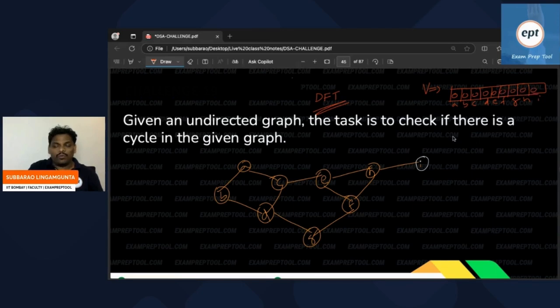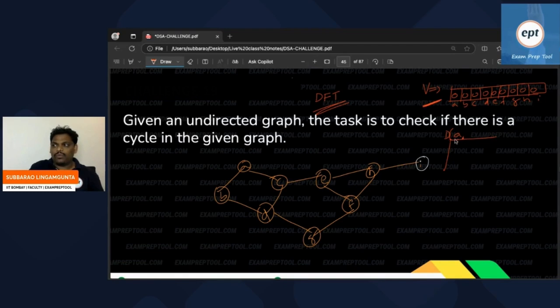Now how am I going to do this? Please listen properly. I start the DFT algorithm from A, so the current vertex is A. The visited array is a global array.